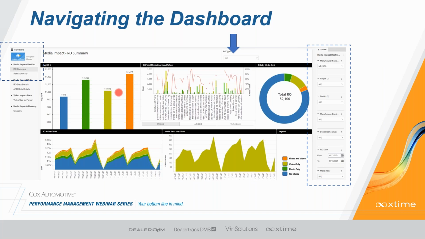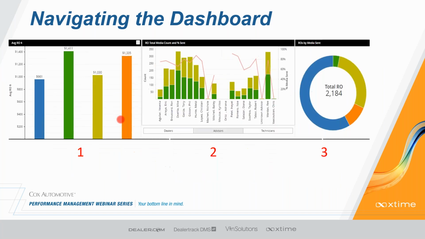But we're going to focus on these 3 because this process, when we talk about RO summary report, this is all inclusive to everything. You could have put a video in ASR section, you could put it in primary line, doesn't matter. We're going to take every single action that's done with enhanced media and we're going to put it into this RO summary report. So let's take a look at that.